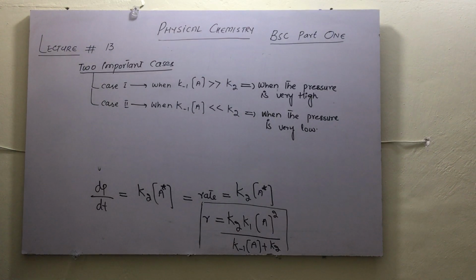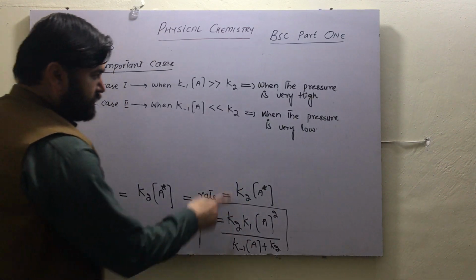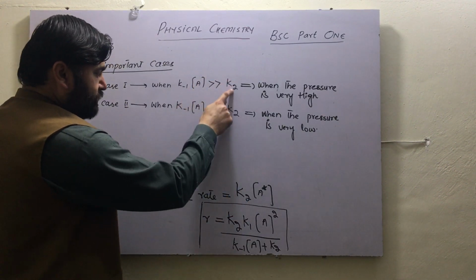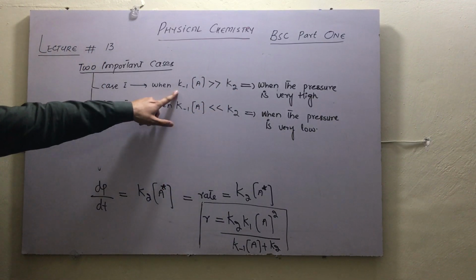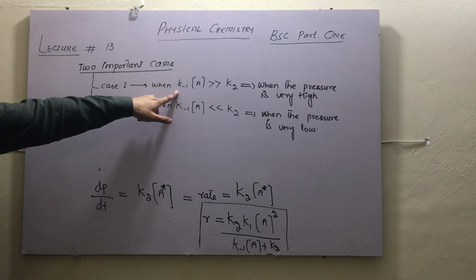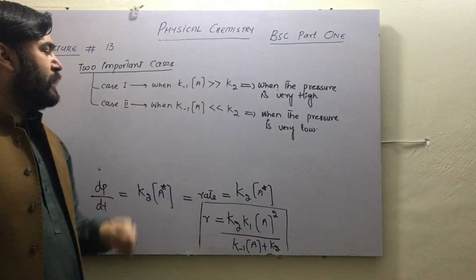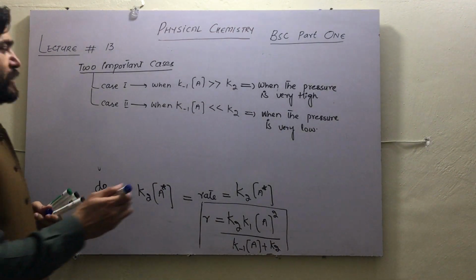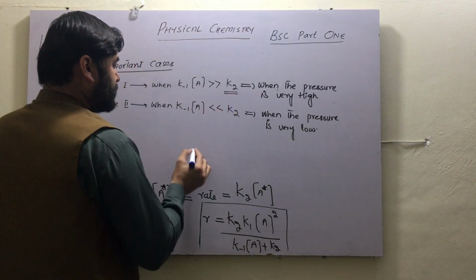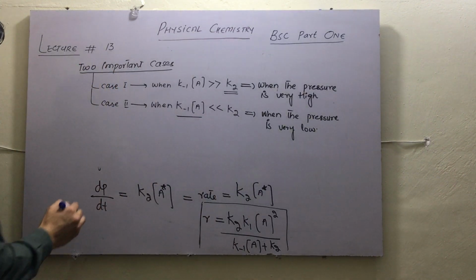So this we will discuss, but before discussing this, now see, if this is very high, we will ignore one substance. Suppose this is a kind of substance, if this is very high, so we will ignore k2, and when this is very high, we will ignore this one. So in the first case, we will ignore k2, and in the second case, we will ignore this substance from this equation.